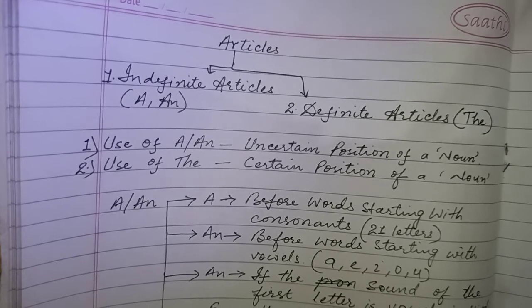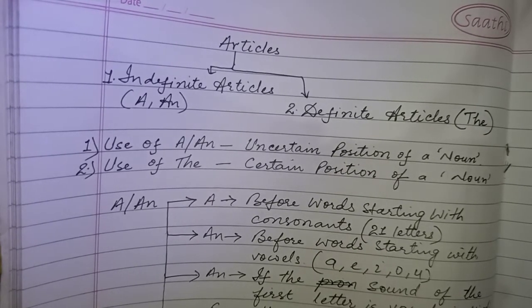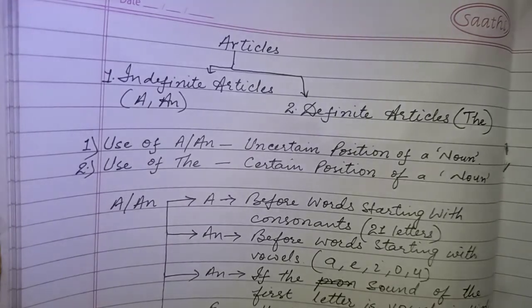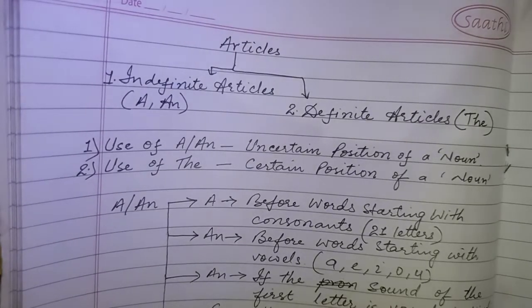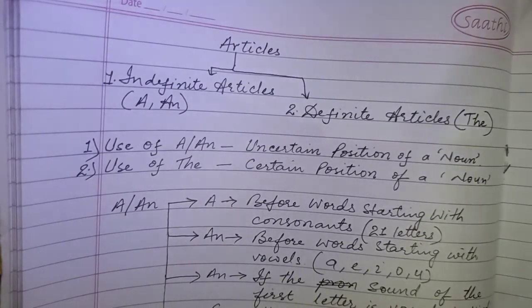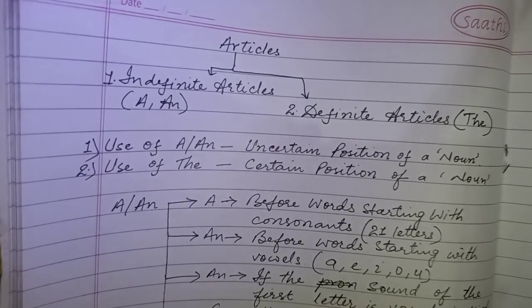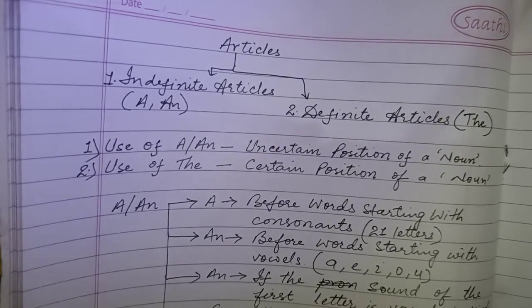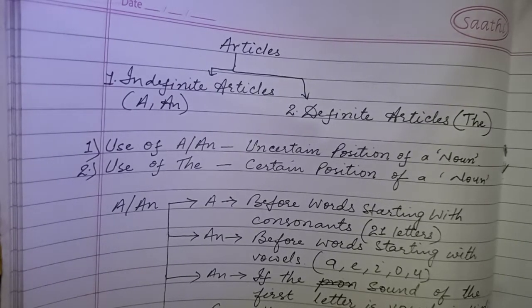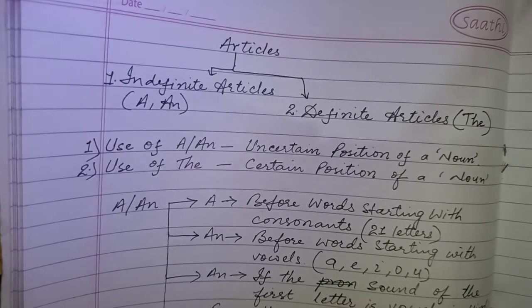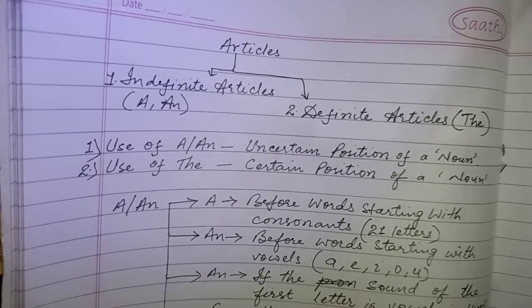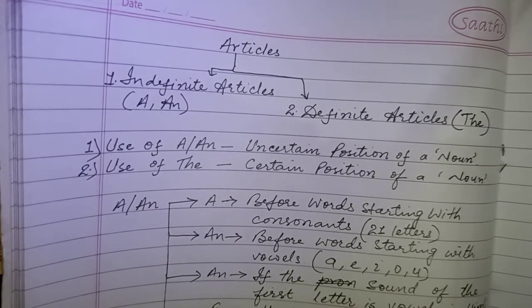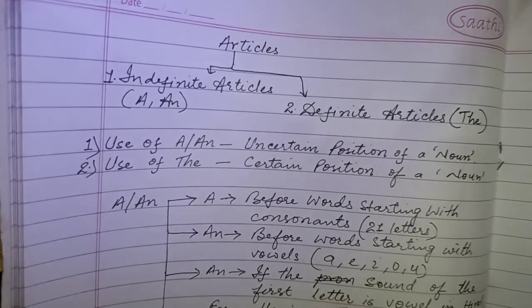You all know that there are 21 consonants out of the 26 alphabets of the English language. I think this is a very basic thing that you already know. Now, an is used before those words which have a vowel as the first letter. The vowels are A, E, I, O, U, and apart from vowels, all 21 letters are consonants.